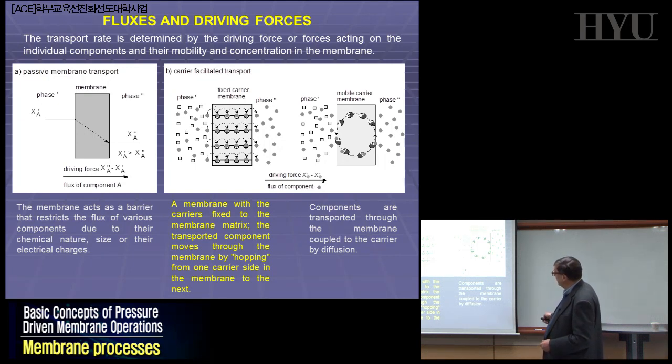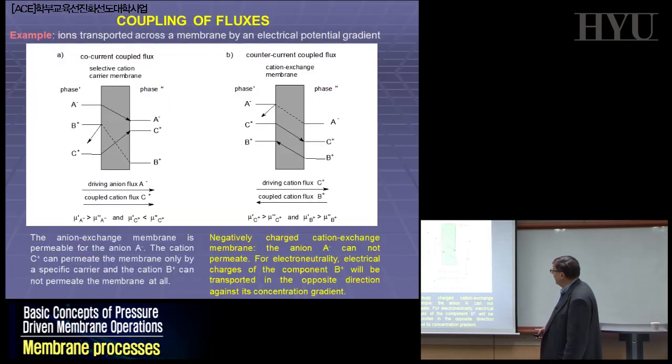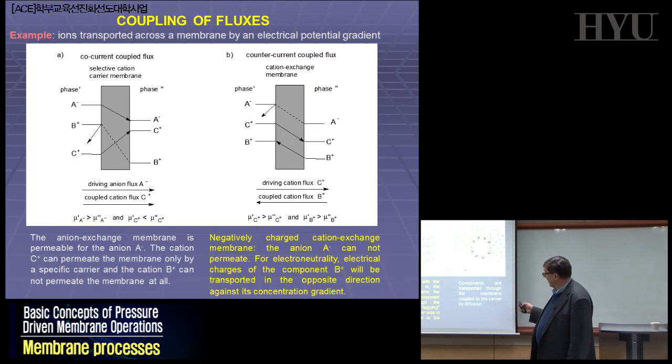In this case, as you can see, the driving force will be in the same direction, only for the component that can interact with this fixed position in the system. That is the situation that we can have in different kinds of membrane, for example, in perovskite membranes that people are using today for the separation of hydrogen or oxygen, or in other kinds of materials that people are studying today. So these are some of the different situations.